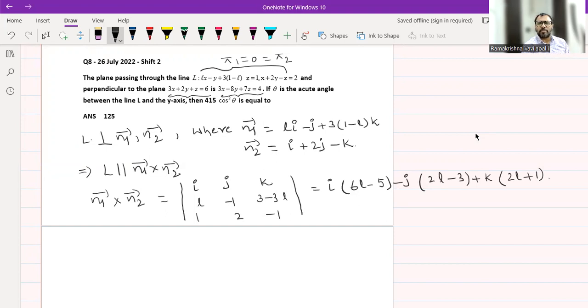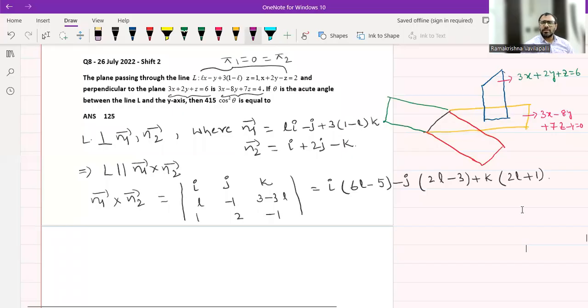Now you see, this is the line L perpendicular to the plane. So here I am drawing a plane. Line is perpendicular to this plane. This means the plane passing through this L is perpendicular to this plane. To explain very clearly, I have drawn a diagram.